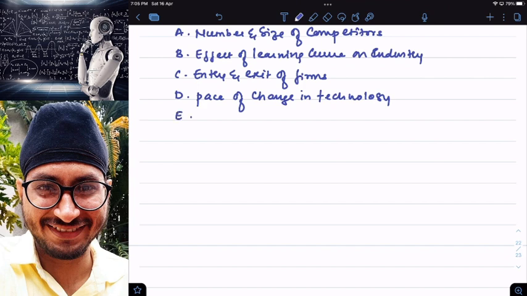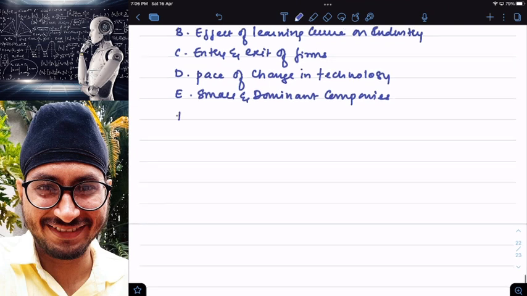Then small and dominant companies. Find out the small companies and dominant companies in the industry. Ignore small companies; keep big, dominant companies in mind before you prepare any strategy. Then one more example, number of buyers.